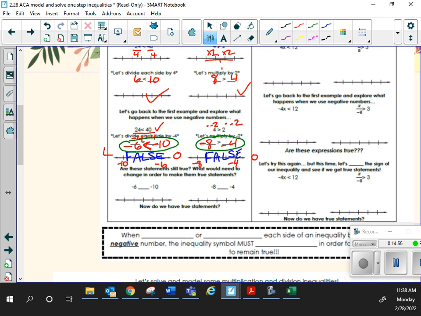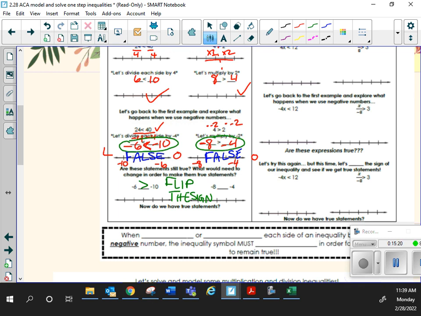Whenever you multiply or divide by negative, you're going to flip just the inequality sign. You're going to leave the numbers where they are and just flip the signs, okay? So you need to flip the sign, okay? So instead of, on this first one, less than, the flip side would be greater than.